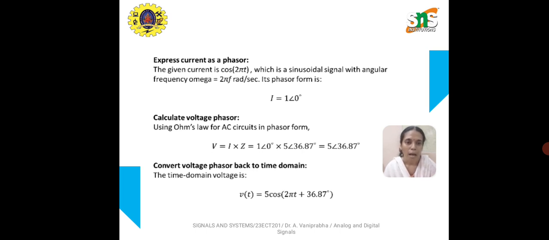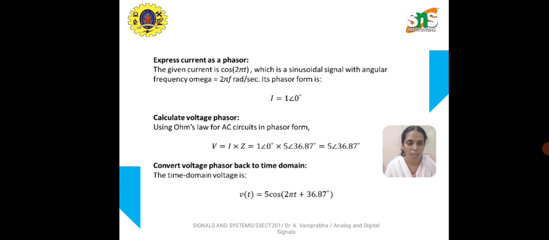Hence, the current is 1 with phase angle 0, whereas the impedance is 5 with the phase angle 36 degrees something, right? So that product is nothing but 5 with the same angle. Then converting the voltage phasor into the time domain, v of t is equal to the same magnitude, 5, then cos of 2 pi t plus the phase difference.